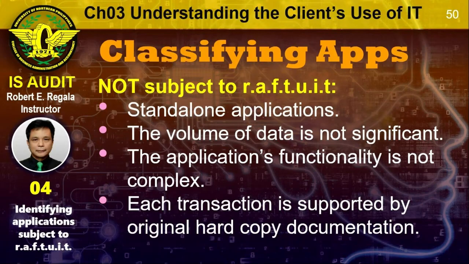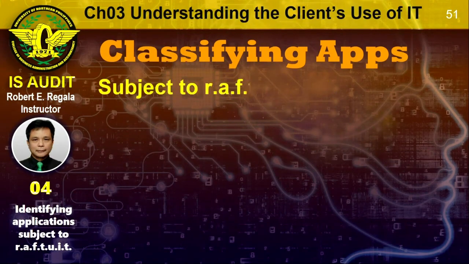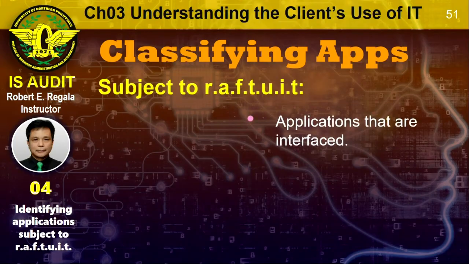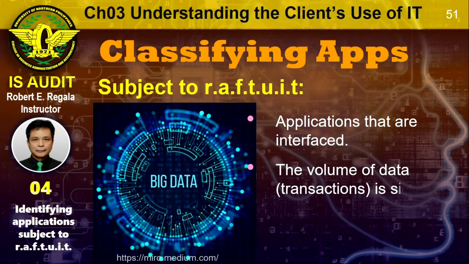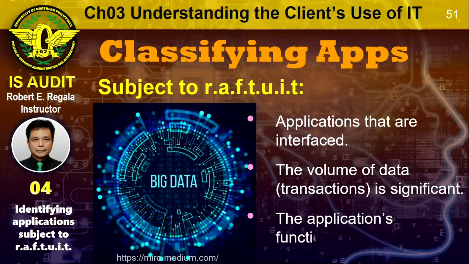Example characteristics of IT applications likely subject to risks arising from IT are applications that are interfaced. The volume of data or transactions is significant. The application functionality is complex. For example, the application automatically initiates transactions, and there are a variety of complex calculations underlying automated entries.